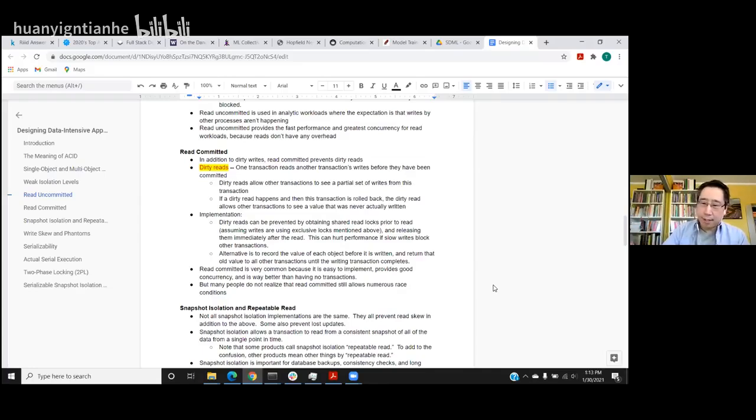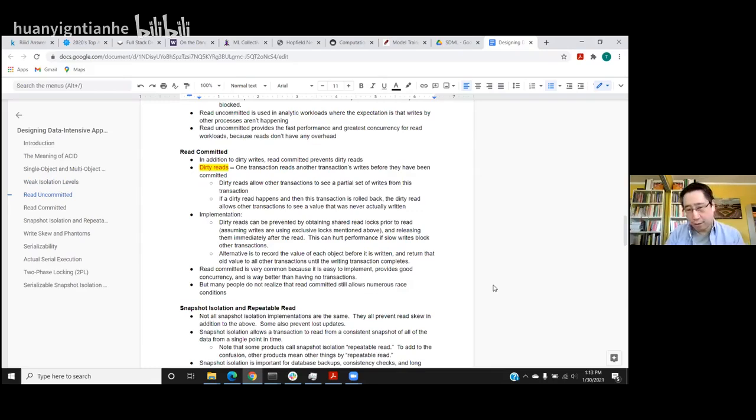If somebody else has written to it and holds one of those exclusive write locks, then you have to wait. If other people are reading it, no problem. You can also simultaneously be reading it. And once you've read the data, you don't have to wait till the end of the transaction. As soon as you're done reading it, you let go of that lock.